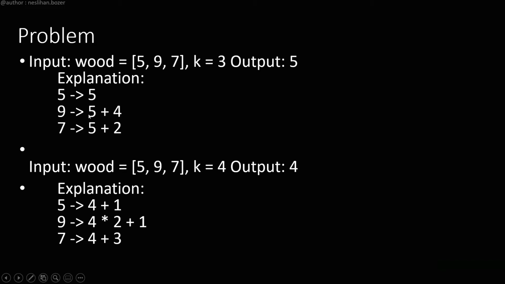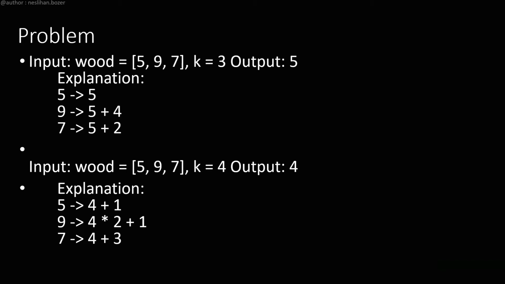For wood 9, we cut it into 2 pieces and we get 5 and 4, and for 7 we cut it into 2 pieces again and we get 5 and 2. So as a result we can get 3 pieces of length 5 from this given array.